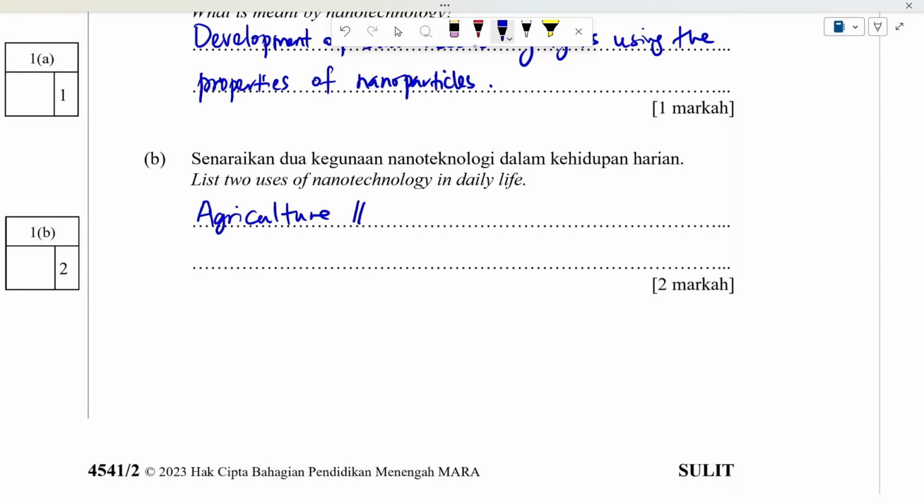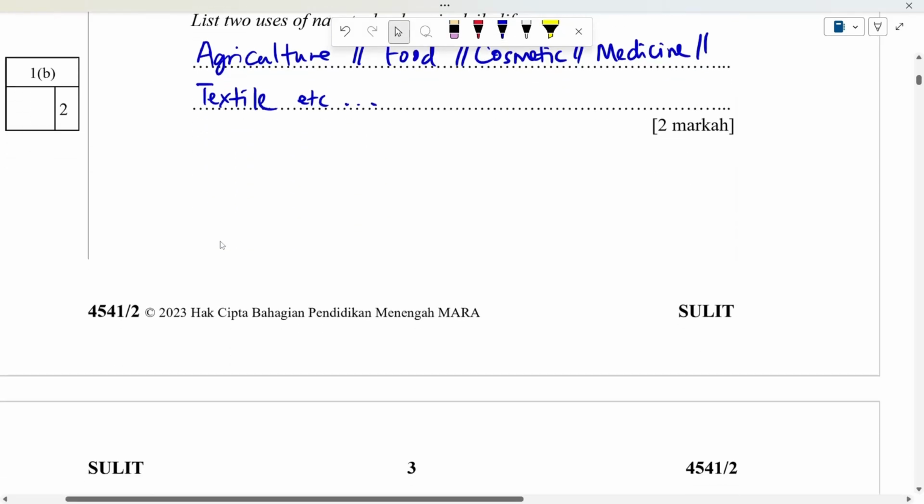Food. Any 2? What else? A lot, right? Cosmetic. Medicine, right? Textile, etc. You can write a lot which are related. Any 2? Okay, next.